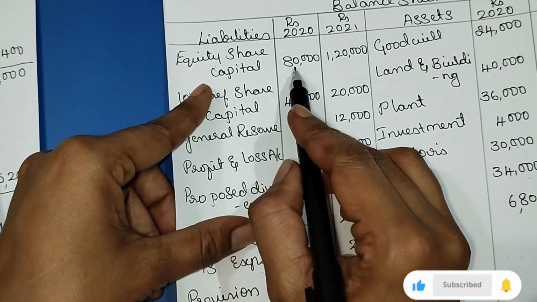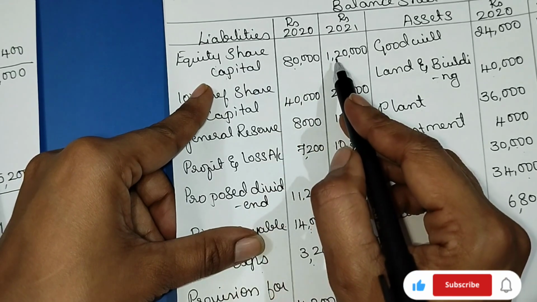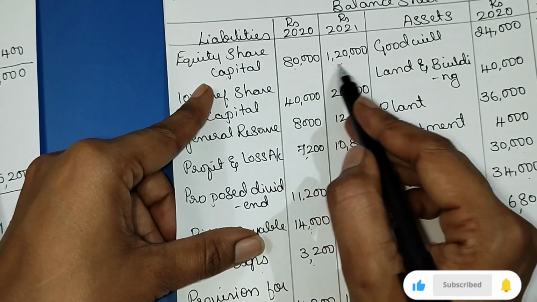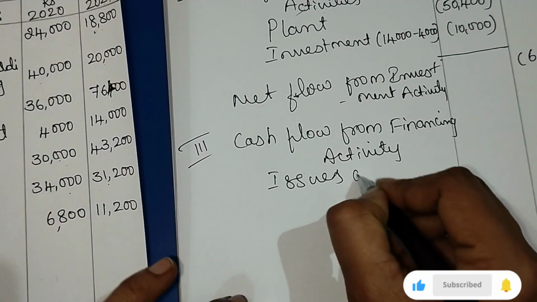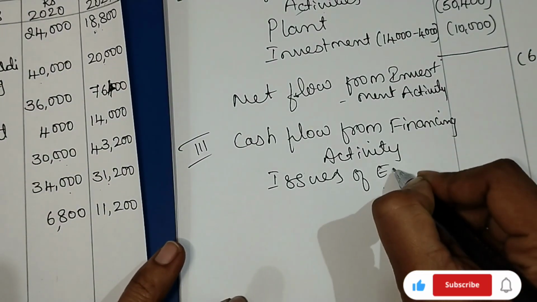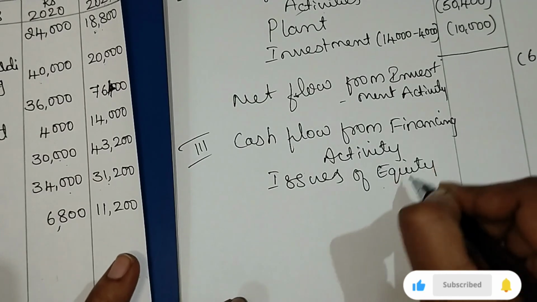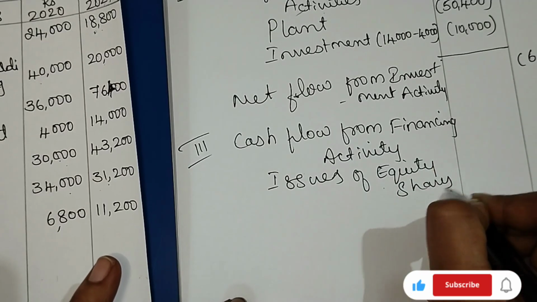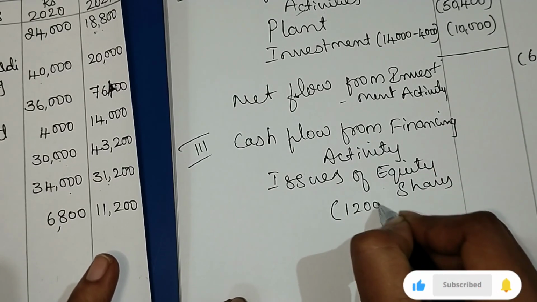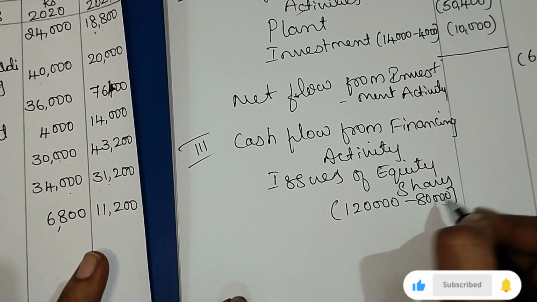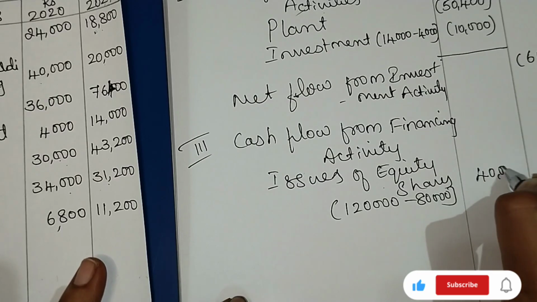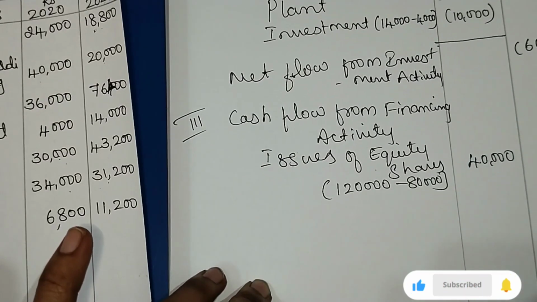Equity share capital 80 previous year, 120 in the current year. So there is an increase. Increase means issue. Issue of equity shares. 120 minus 80. What is the difference? 40. Issue means cash is coming in.